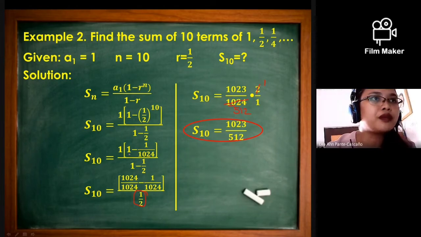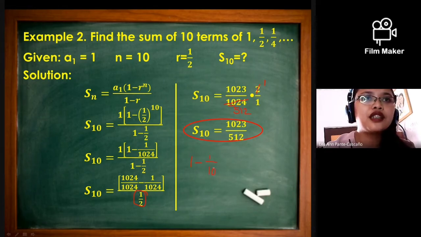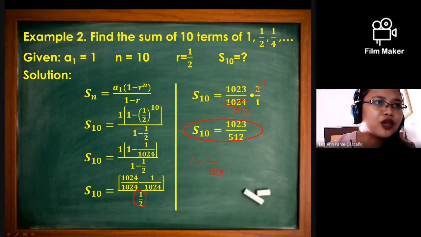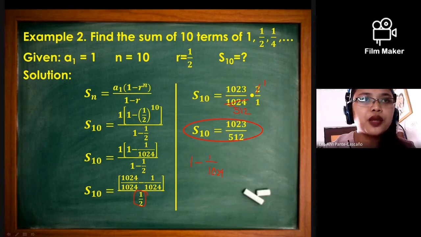Another shortcut po sa pag-simplify ng fraction. Pwede itong ganito, class. Di ba? 1 minus 1 over 1024. Ang ginagawa ko lang dyan, hindi ko na ginagawa to, pero dun sa mga nalilito, pwede nyo itong gawin. 1024 times 1.